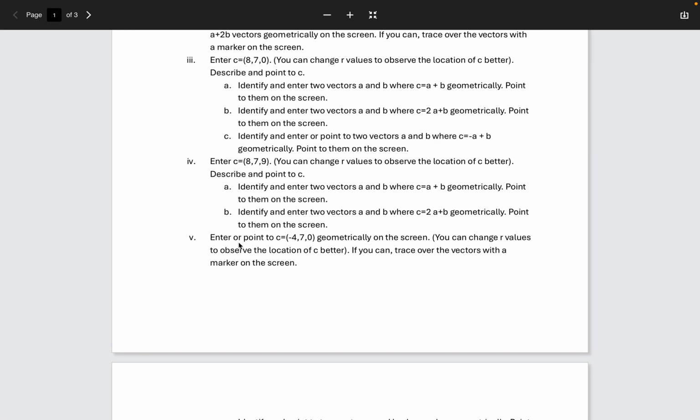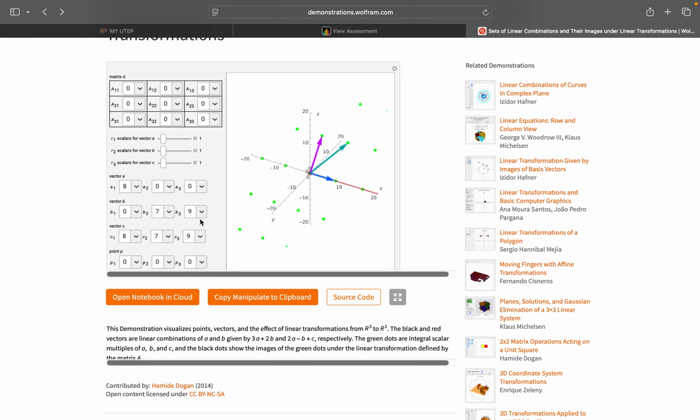Okay, so two vectors where 2a plus b would point to c. So 2a would be, we would have to set a to 4, and then its scalar 2, which is 2 times a, plus b would end up in that one.